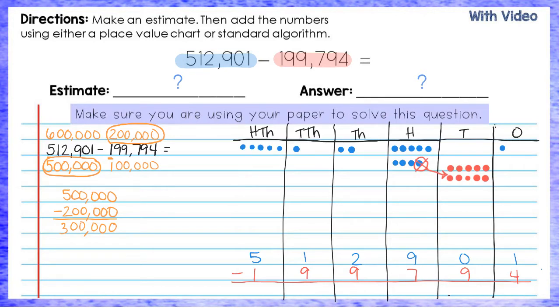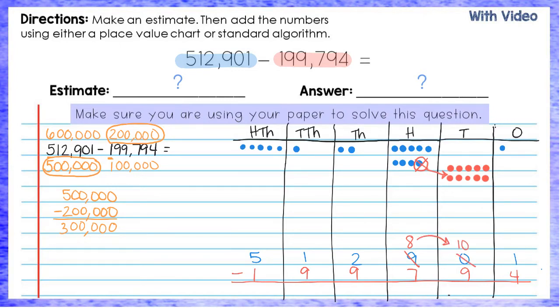So down here at the bottom, I couldn't do 1 minus 4. So I had to come to the 0. Nope, nothing there. I have to go to the hundreds place. And I'm going to use one of these hundreds. So now I only have 5, 6, 7, 8 hundreds left. Then I have regrouped 10 over here.